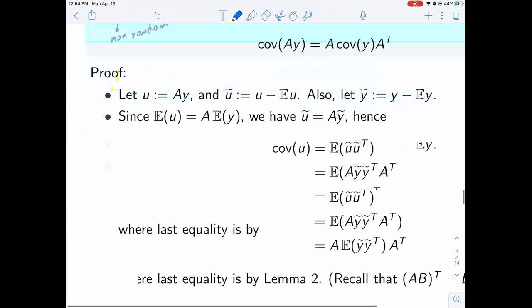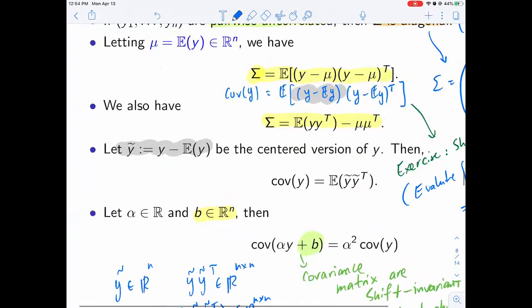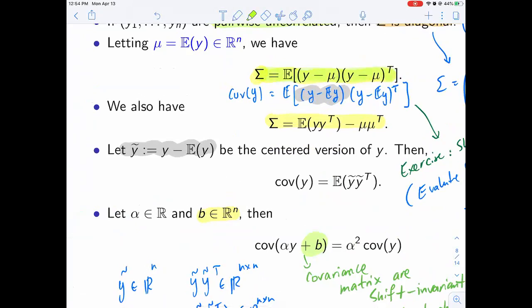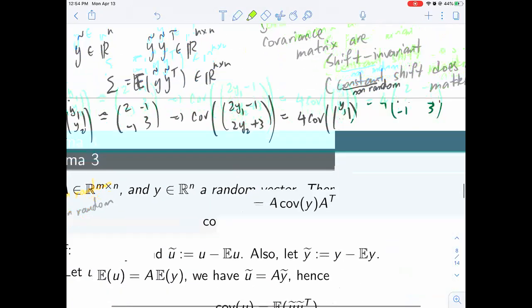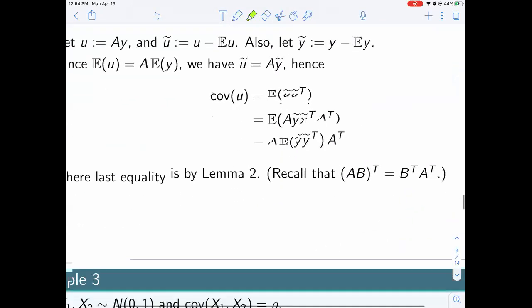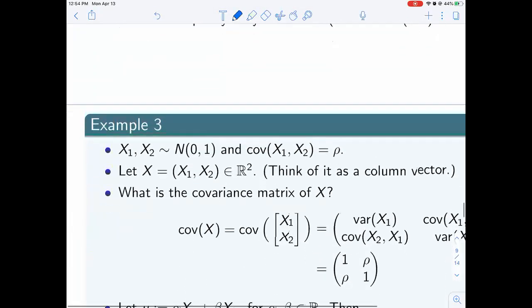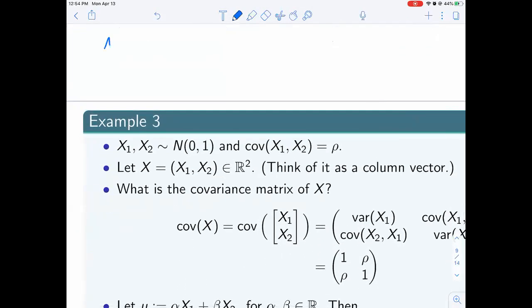Basically, we're going to use this formula. And in fact, I'm going to try to use this one, which is equivalent. It's a little bit simpler. So I'm going to find what happens to AY, okay, I would like to see what happens to the centered version.